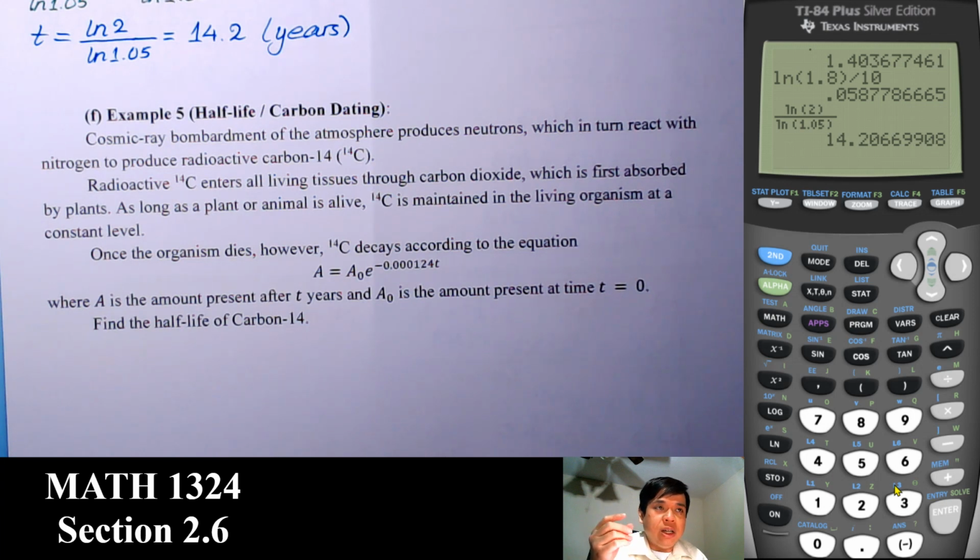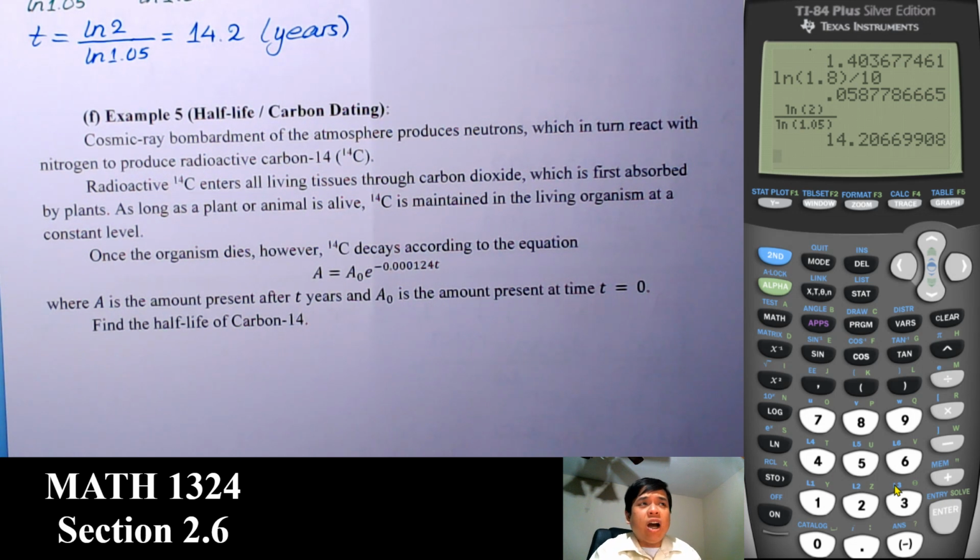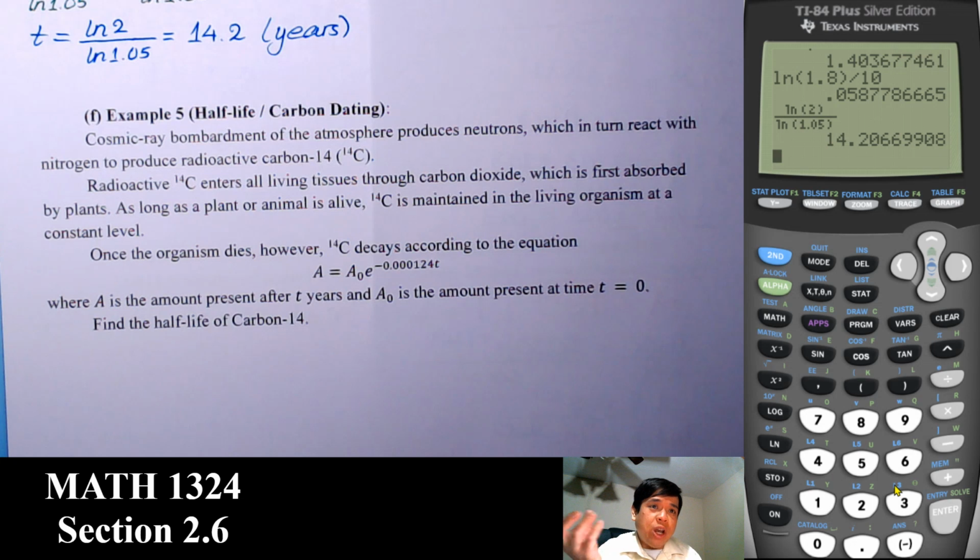meaning it disappears. So let's say, to keep it simple, at the moment I have the ratio between regular carbon and carbon-14. Let's say I have 10% carbon-14 in the body. But over time, the carbon-14 will change to something else.